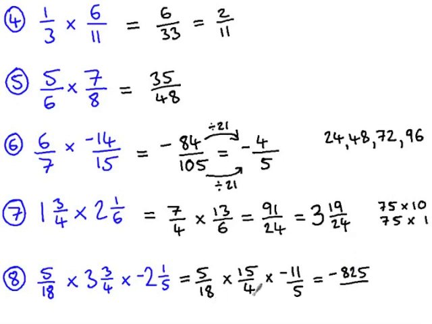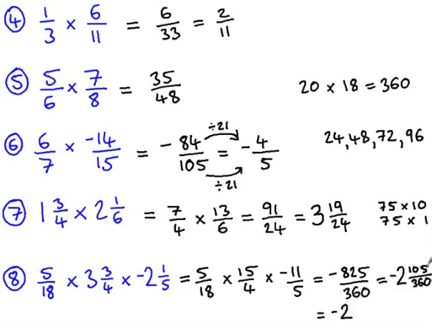And then 18 times 4 times 5. I'm going to multiply the 4 and the 5 together first because I know that's 20, and 20 times 18 is 360.